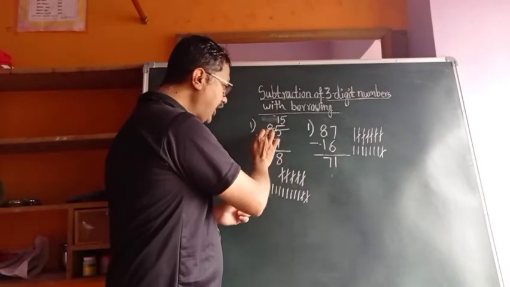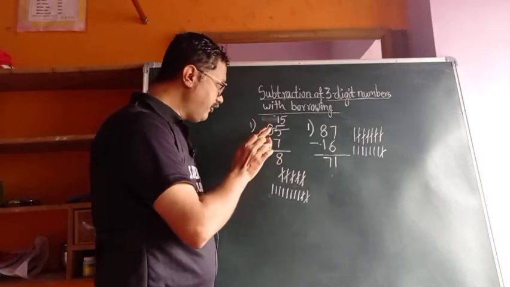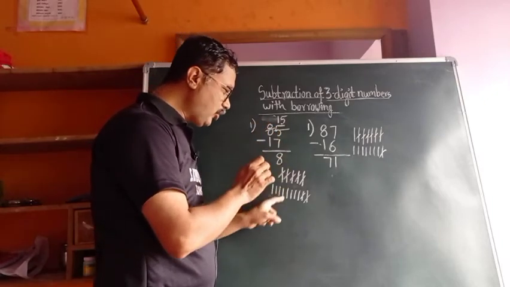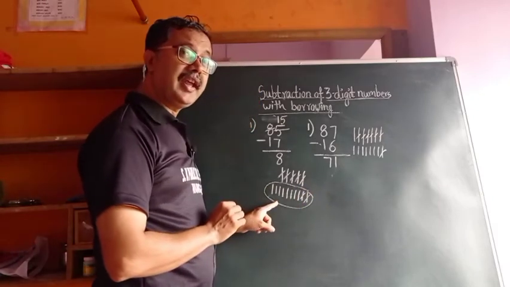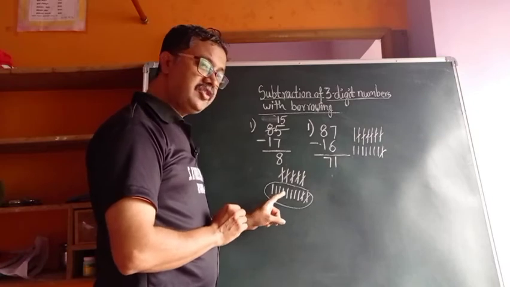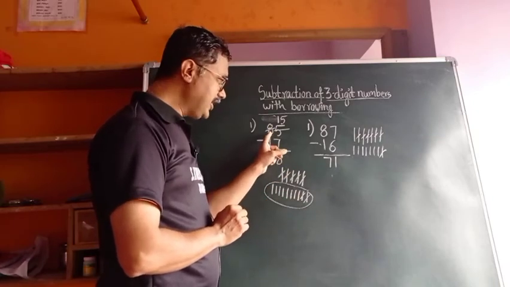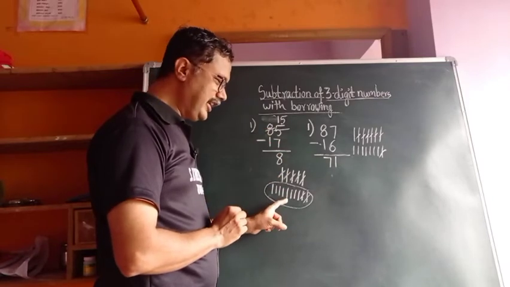Why? Because from this number we took a 10 bundle. We took 10 chocolates and gave them among these. From this number he gave to us.